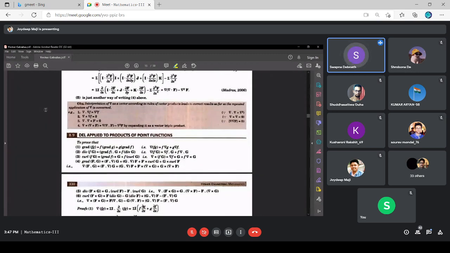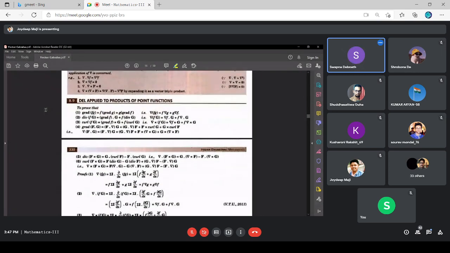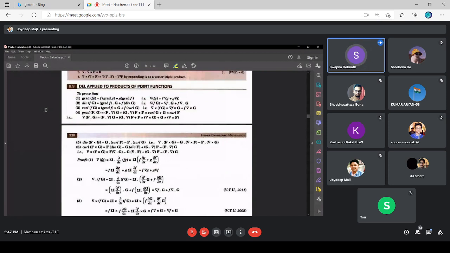Now come to 8.9, del applied to the products of point functions. We know that if two functions are scalar functions f and g, their product is fg. Then gradient of fg is f gradient g plus g gradient f.